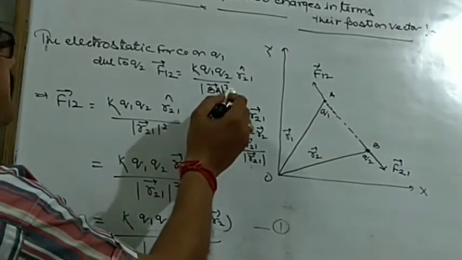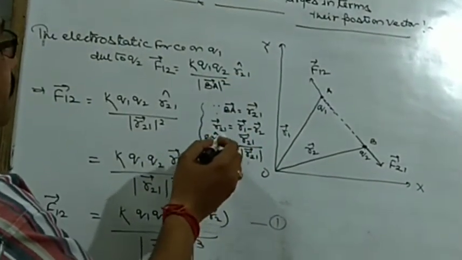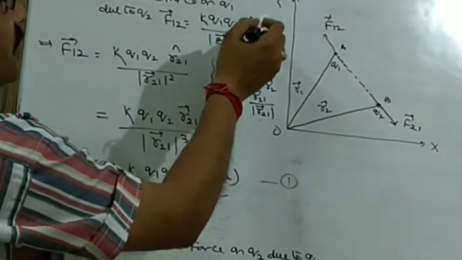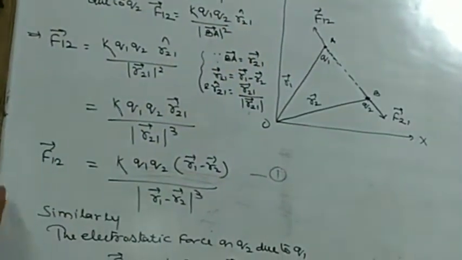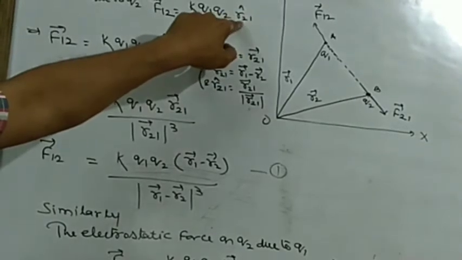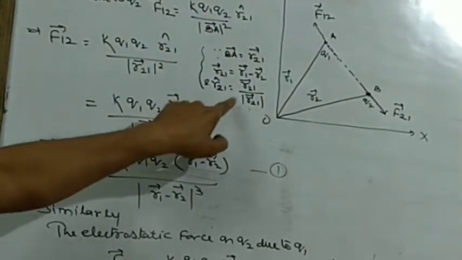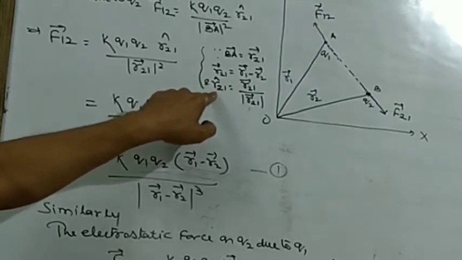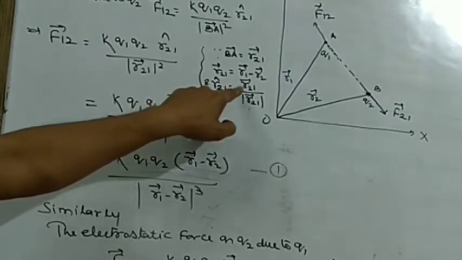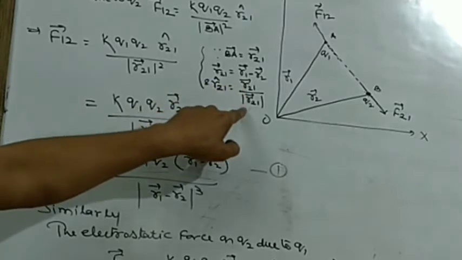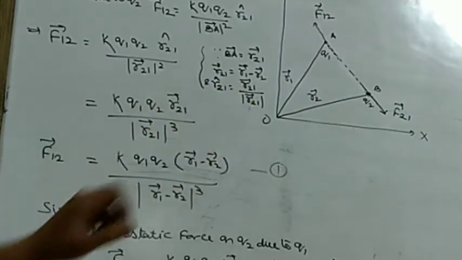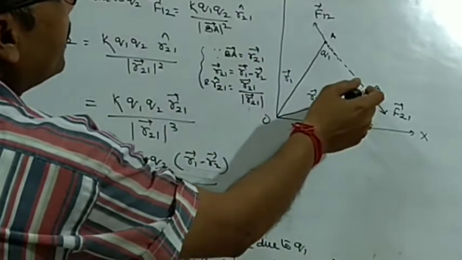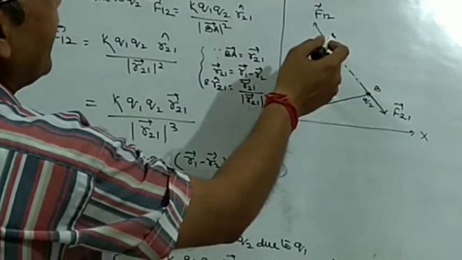So this is BA square, and this unit vector is multiplied to make it vector form. This unit vector R21 cap equals vector R21 upon the magnitude of vector R21, and we know that BA equals R21 because this BA starts at this point and ends at this point.